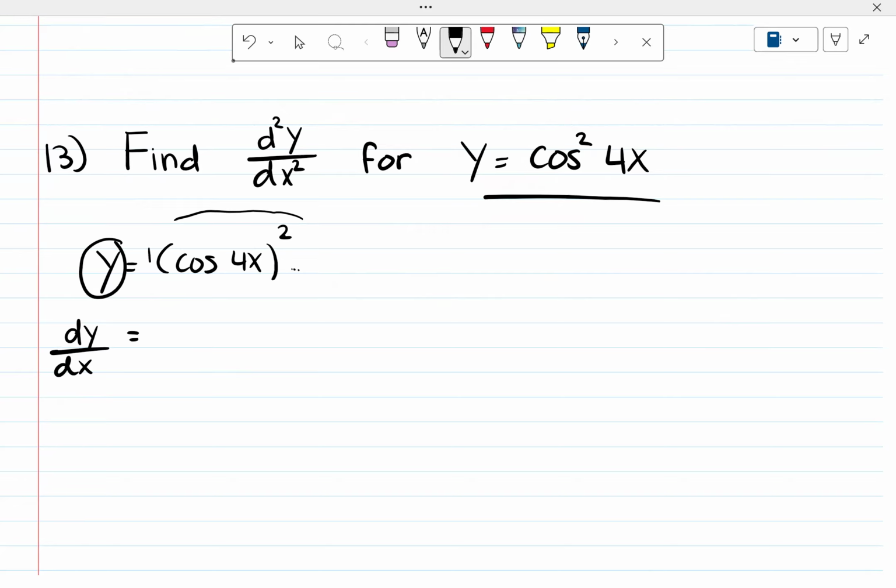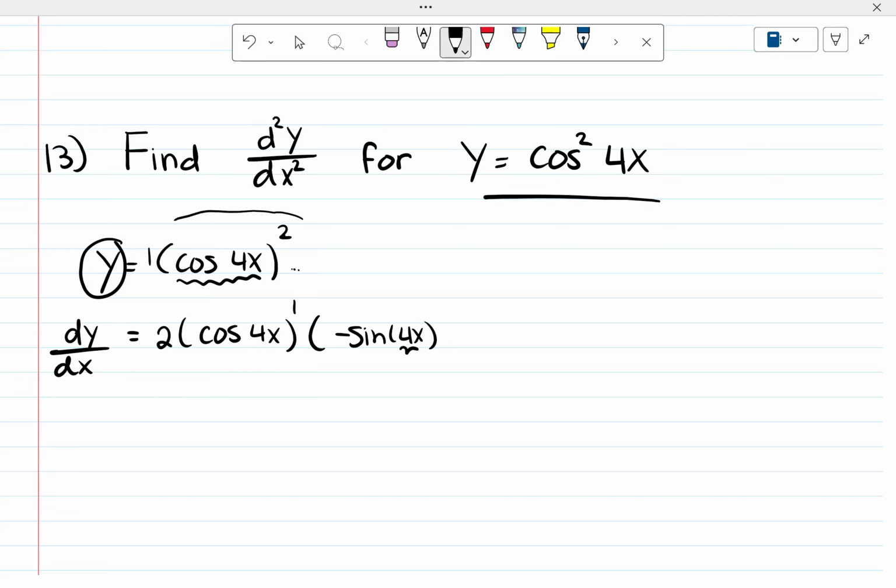So 2 times 1 is 2. Leave the inner parentheses alone. And then old power minus 1. So 2 minus 1 is 1. And then use the chain rule. What is the derivative of cosine of 4x? The derivative of cosine of 4x is negative sine of 4x times, it's like using the chain rule twice.